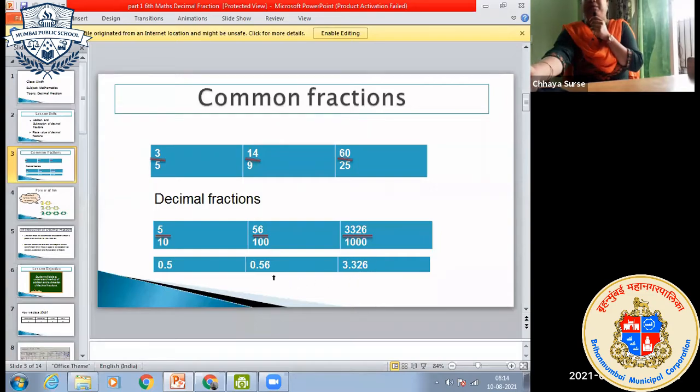In 56.5, the digits after the point, 3, 2, 6, are called the decimal places. The concept is clear: decimal point and decimal places. And this is also a decimal fraction, the fraction with a decimal point.